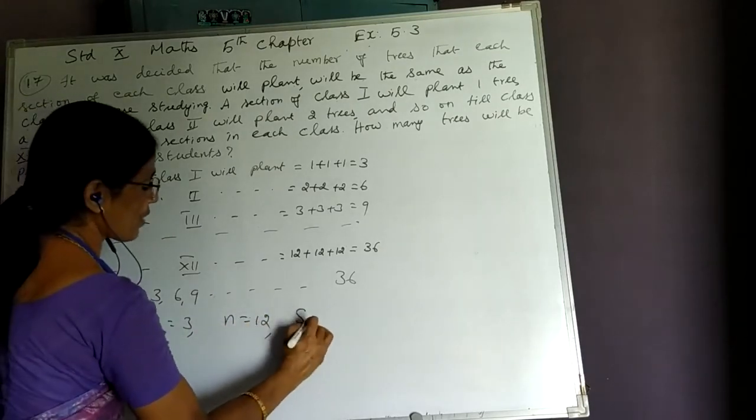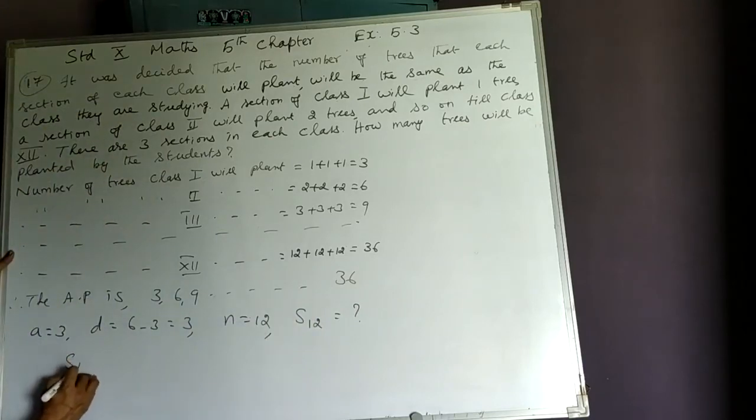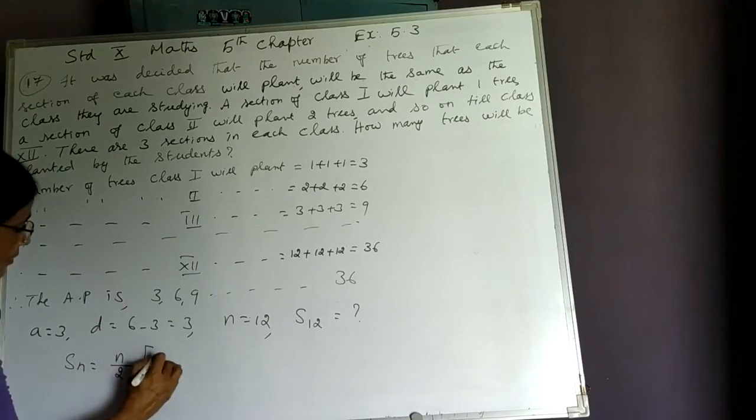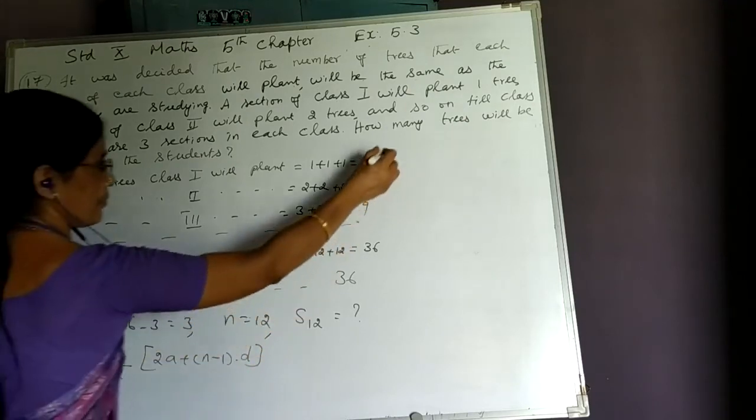The question is find what? Find S12. So, we are going to use the Sn formula. It is n upon 2, 2a plus (n minus 1) into d.